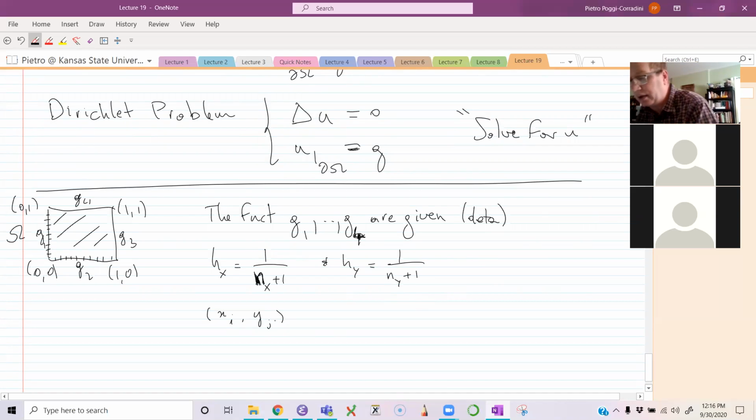where now the interior points are the points (xi, yj), where i is between 1 and nx, j between 1 and ny, and then the other ones are going to be boundaries. So these are the interior.